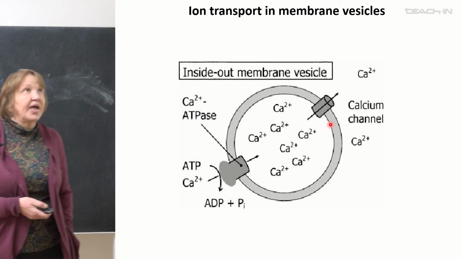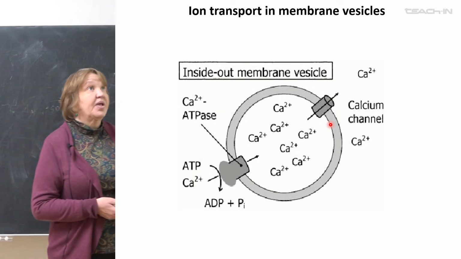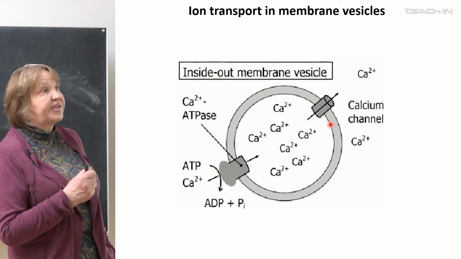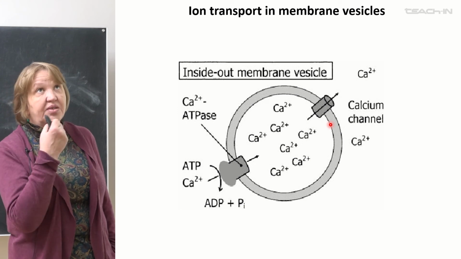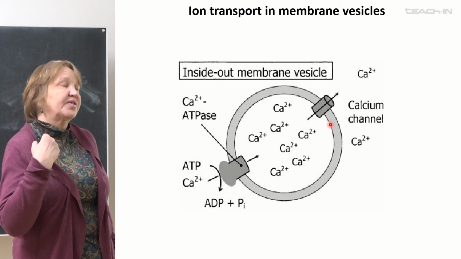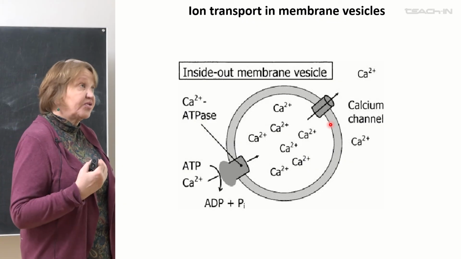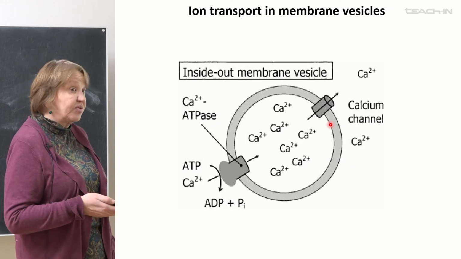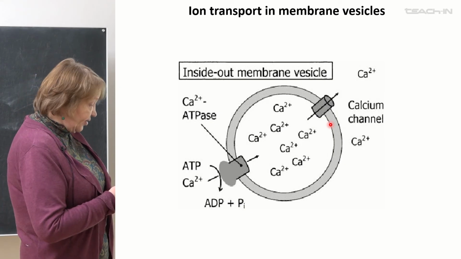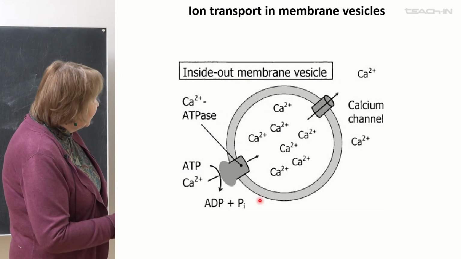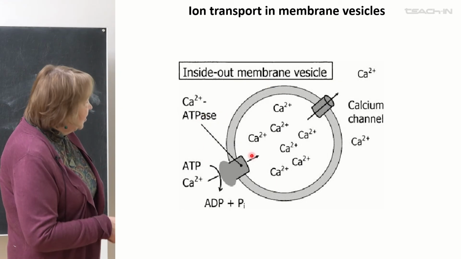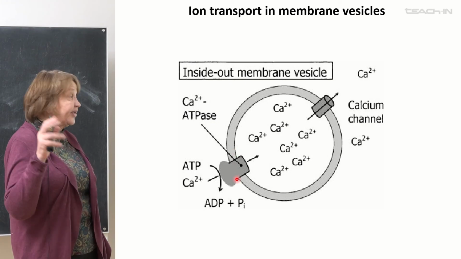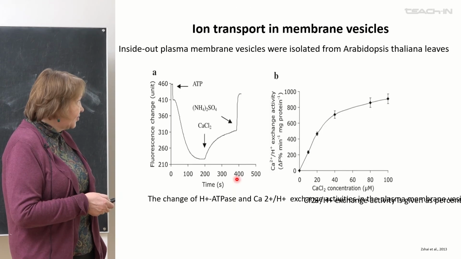You also can look at calcium transport, which is more difficult because the potassium currents are so prevalent, and it is also a cation. So you have to make sure that potassium currents are inhibited when you look at calcium currents. And here, in inside-out vesicles, you can access the inside of the membrane from outside.